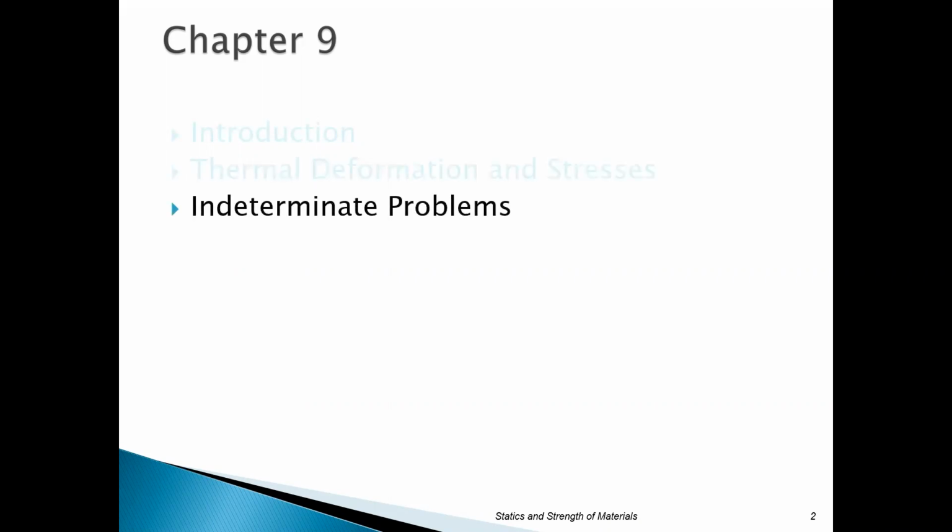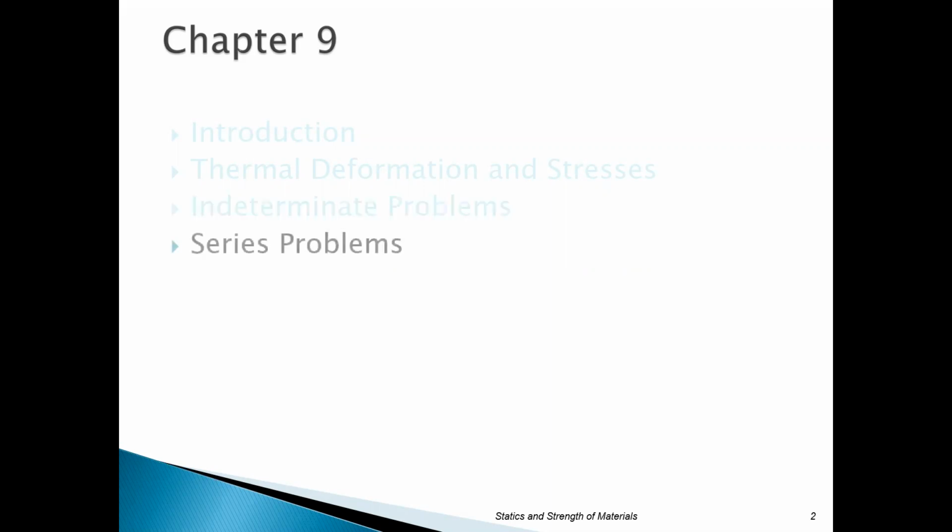And then we talk about these called indeterminate problems. They're indeterminate because you can't solve them with either statics alone or strength of materials alone, but the combination of the two, when you can use statics, laws of equilibrium in conjunction with strength of materials, allows you to solve them. So then they become solvable at that point. There's two primary kinds there.